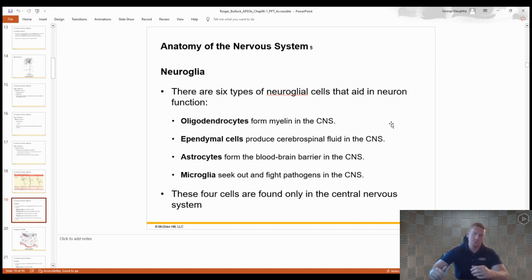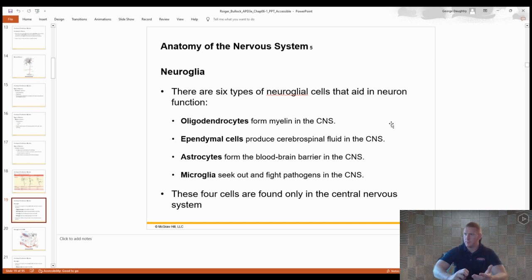It gets confusing because you're like, well, Schwann cells and oligodendrocytes, I thought they were the same thing. It's dependent on what type of neuron that it's aiding. Oligodendrocytes, central nervous system myelin. Schwann cells, peripheral nervous system myelin. Got to know the difference there, but we know what the function of myelin sheaths are. It's to insulate the polarization wave that travels down the axon.